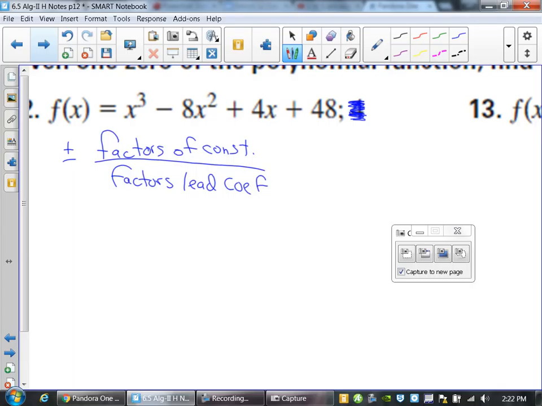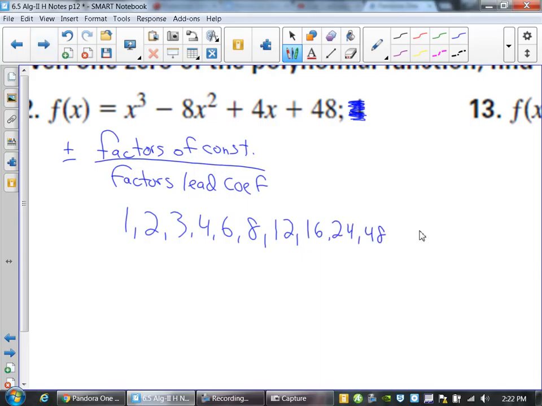So what are your factors of 48? 1, 2, 3, 4, 6, 8. You skip 12, 24. Oh, 16. Yeah, I thought there was 16. 16, 24, and it's plus minus, all divided by 1.